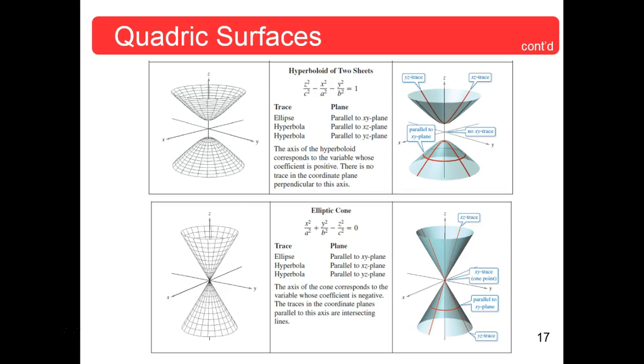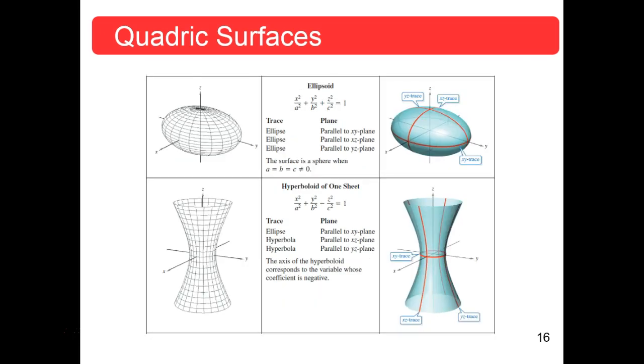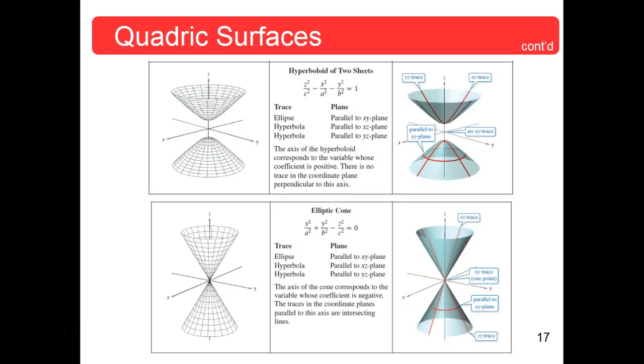Now, notice that all three of these first ones, ellipsoid and your hyperboloid of one sheet and two sheets, all have an equal 1 on this side. If that's an equal 0, that makes it a cone. Now, the other thing you have to have is the signs, just like your hyperboloid of one sheet.